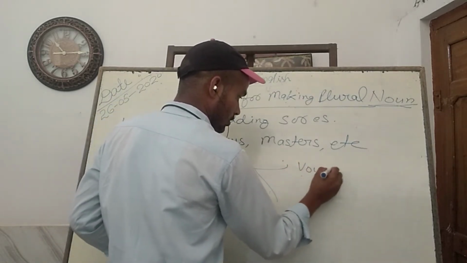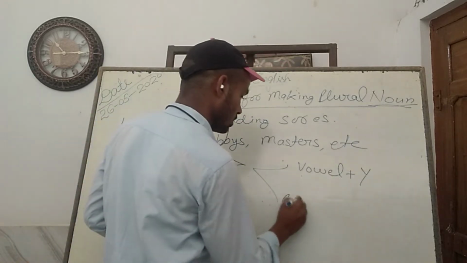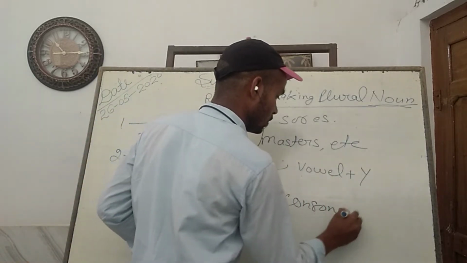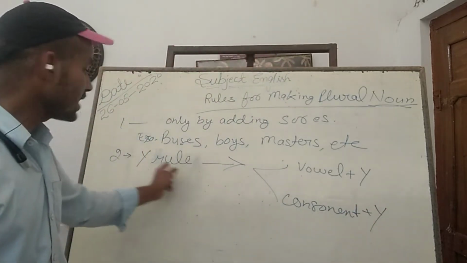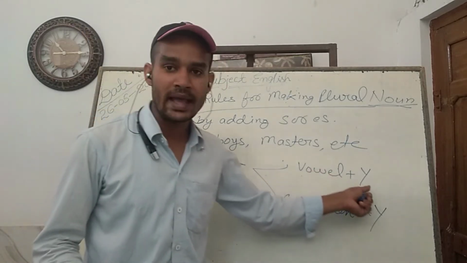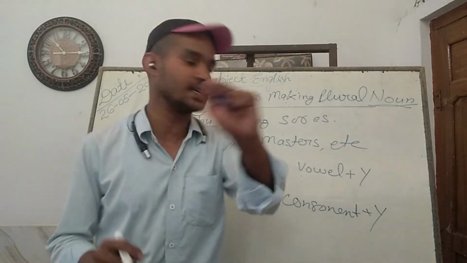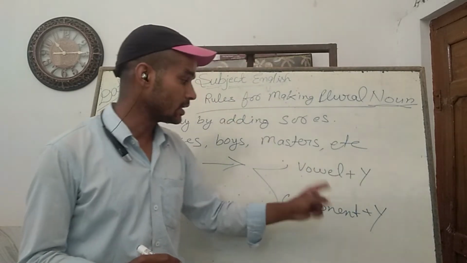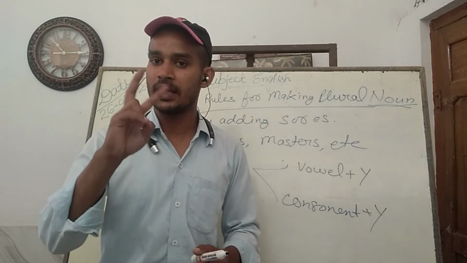Vowel plus y, and consonant plus y. That means the y rule. In the y rule, if your spelling ends with y, meaning the last letter of your spelling is y, there are two conditions for adding s or es.